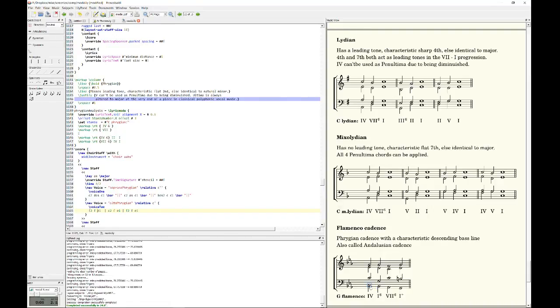So we start on the 4th step of G Phrygian, which is C. Then we go to the 1st root in its 1st inversion. We go to the 7th step, which is F minor. And then we have the Picardy 3rd on our root, so we have a major G chord at the end.